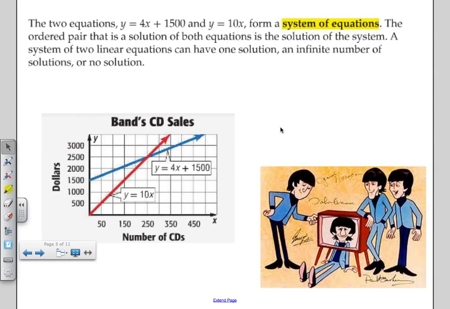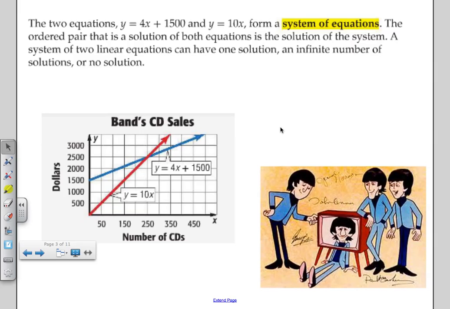Okay, so the two equations are called a system of equations. It's probably better to look up the definition in your glossary. They'll have a nicely worded one. But basically, it's two equations that are solved for a solution that works for both equations.